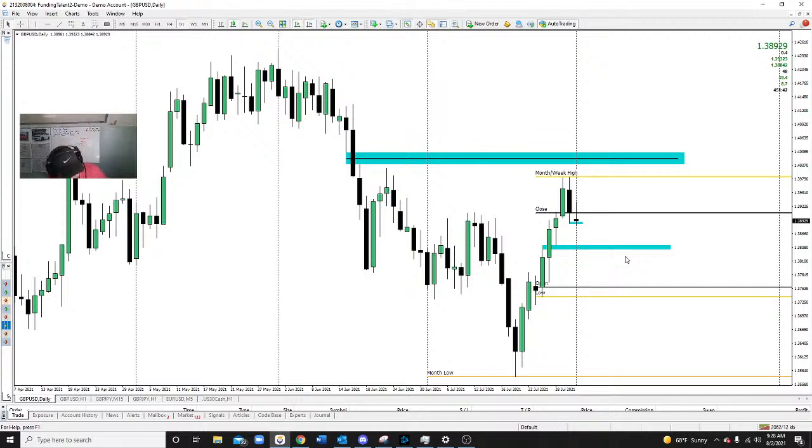Michael, how do you find the gaps? It's fairly simple. It's just something you have to get your eye familiar with. But pretty much it's like any type of engulfing candle, right? Where wicks on the left or on the right side don't fill the engulfing candle.